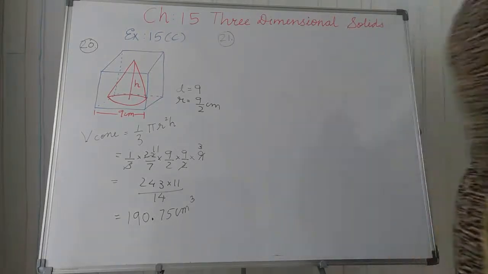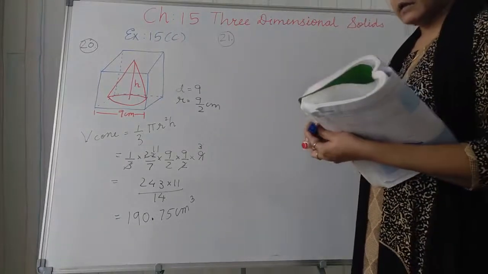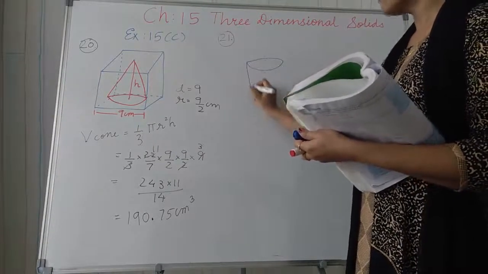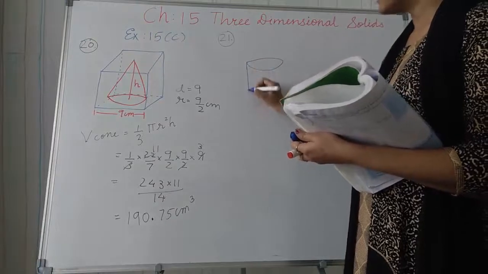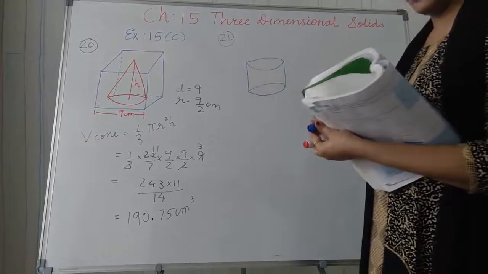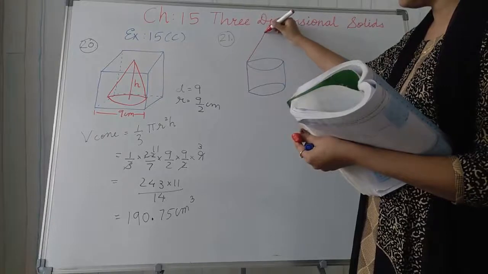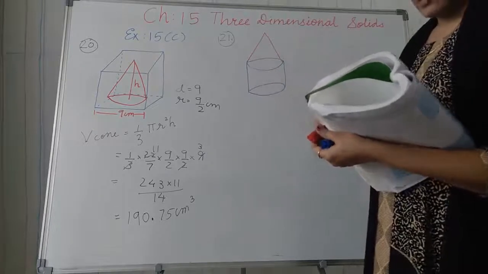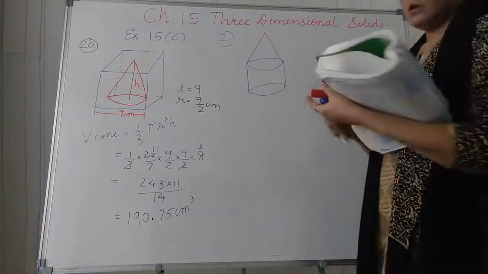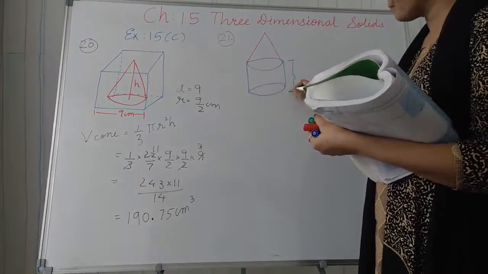So again, let us draw the figure, students, for clear understanding. It is a tent in the shape of a circular cylinder at the downside. This way the cylinder is drawn, and upside of it there is a conical shape. Like this, cone shape here given. Now all the dimensions: the cylinder is up to a height of 3 meters, so this much is 3 meter.